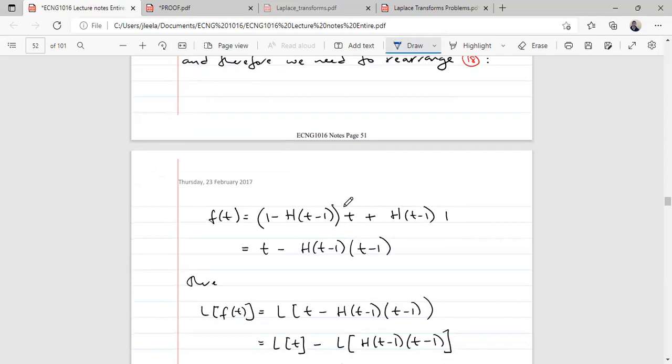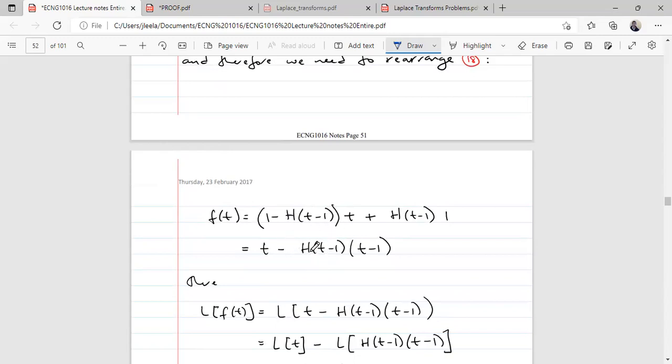Now, if we multiply t by 1 here, we'll get t, and then we'll end up with t times h(t - 1) and h(t - 1). So these two parts, the second and the third, have h(t - 1) in common. So h(t - 1) is a common factor, and then you will have t - 1 on the inside, so you'll get back your original value.